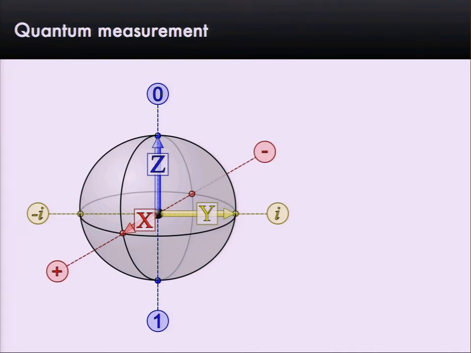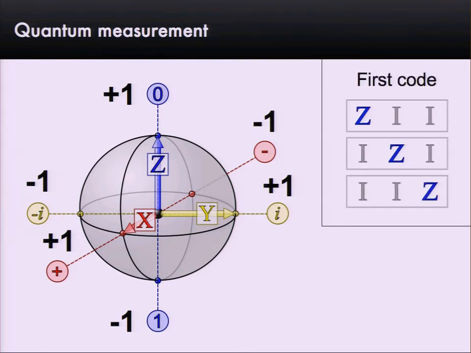But we actually have at least 3 orthogonal axes, and you can measure along each one. Measurement will actually collapse you along one of the 2 endpoints of that axis. So for example, if you measure along the z-axis, a +1 measurement means that you've got a 0 there, and a -1 means you got a 1. But you could just as well measure along the x-axis, the y-axis, or anything in between. So there's a lot of structure there. It's more complicated than 0 or 1 or anything in between.